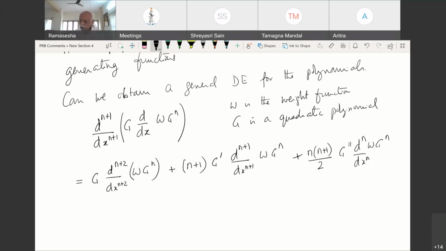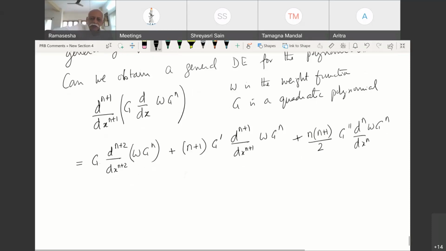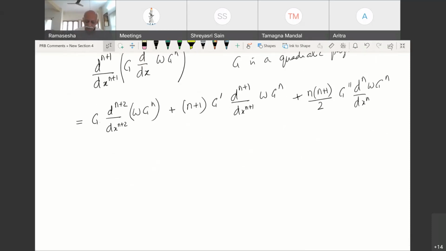Okay, and can you continue further? Whenever you are differentiating, there is what's called the Leibniz rule.